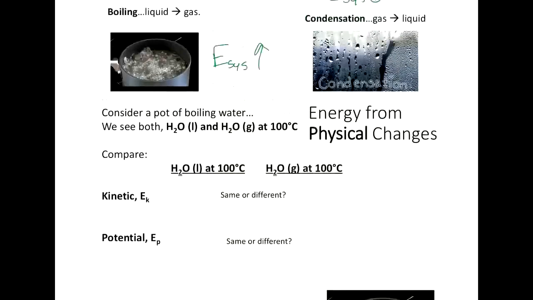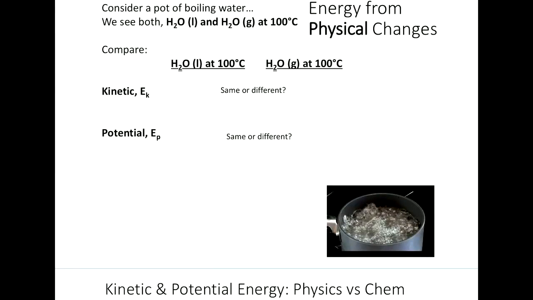So let's look at another example here, this time thinking about kinetic and potential energy. Kinetic energy, remember, we associate with temperature. For us chemists, we care about temperature. And potential energy, we care about particle position.